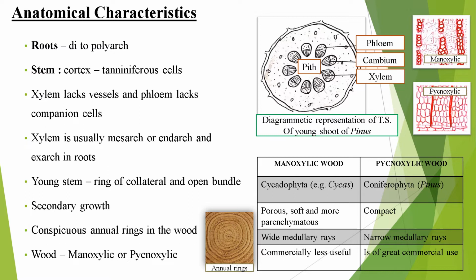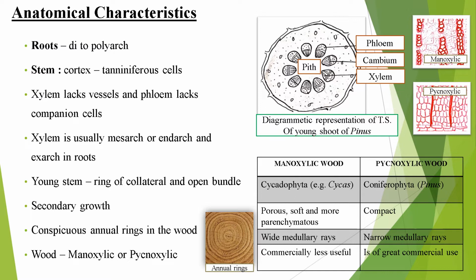Through diagrammatic representation of TS of shoot of pinus, it is clear that the vascular bundles are arranged in ring and are collateral and open. Collateral means that xylem phloem lies in same radius and have cambium strands between them.